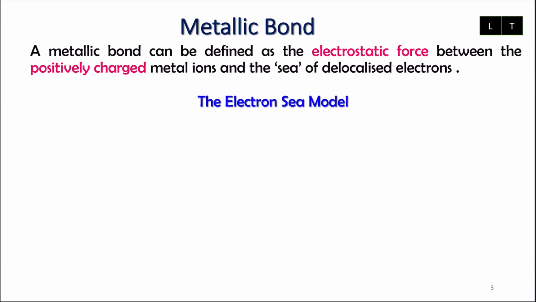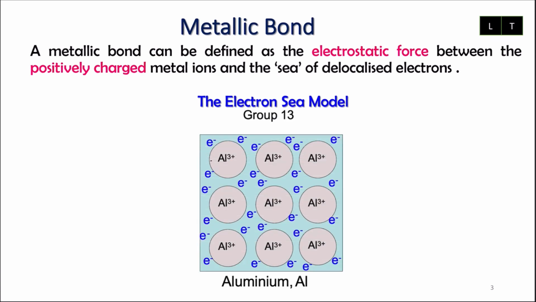For example, you see here, this is an example of electron sea model for group 13. I choose aluminium. Aluminium is one of the metals in the periodic table, which is situated in group 13. So, it has 3 valence electrons.